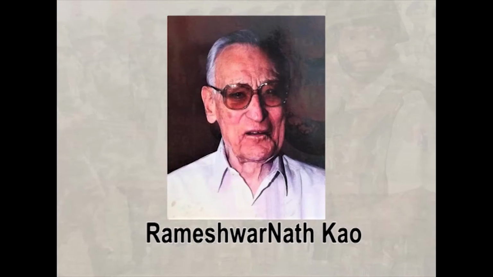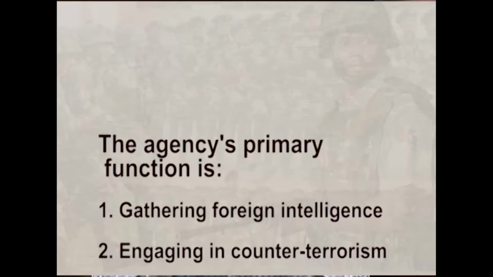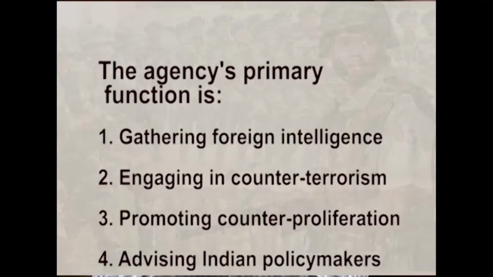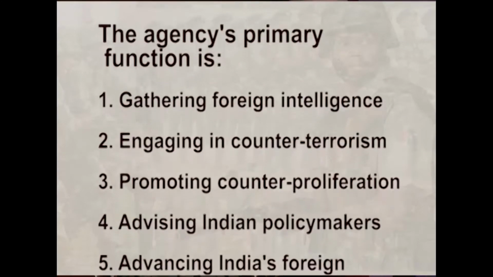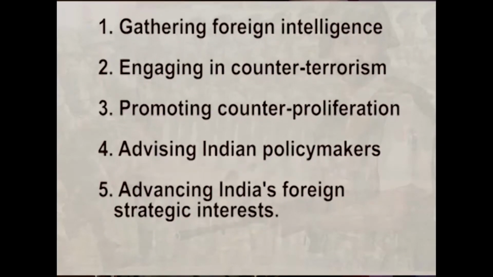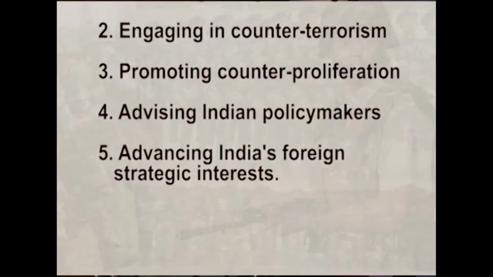During the first 9-year tenure under the great leadership of the first director Rameshwar Nath Kao, RAW quickly came to prominence in the global intelligence community, playing a role in major events such as the independence of Bangladesh and the accession of the state of Sikkim to India.